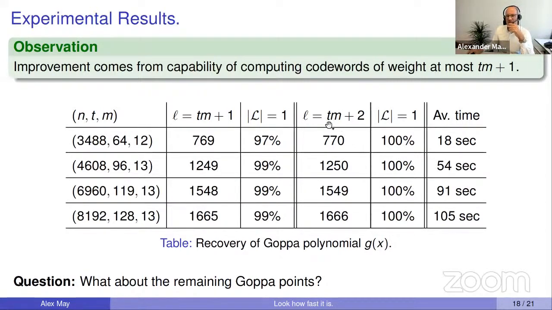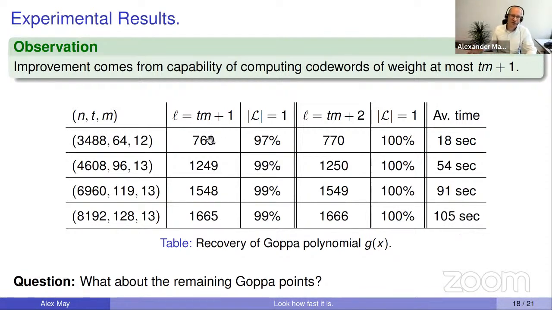The reason is that we get a larger kernel, and this helps us to exclude false g(x)s. And if you look at the runtime, it's surprisingly fast, this factorization of polynomials. For the smallest instance, it took 18 seconds on average. And even for the largest instances, it took less than 2 minutes to find the Goppa polynomial.